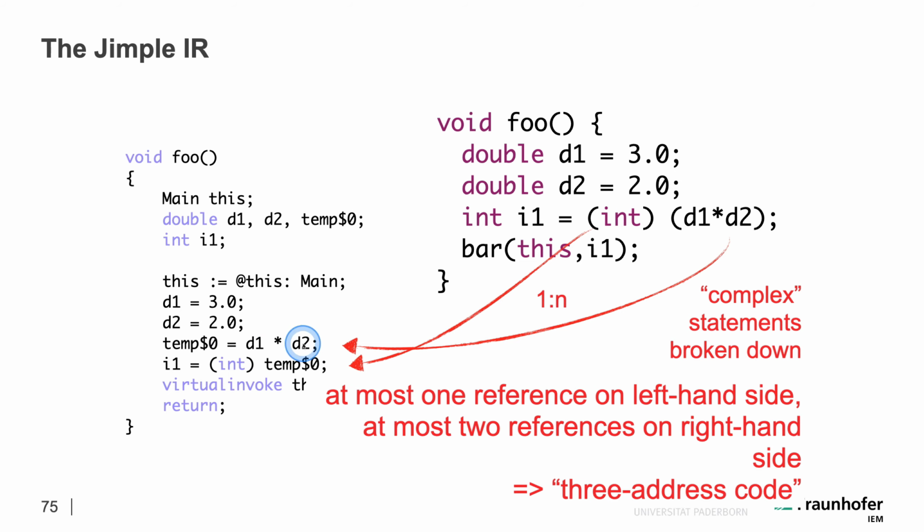So you have 3 addresses that are being referenced, this one, and this one. There are exceptions, like this statement here, that's only operating on 2 addresses. A procedure call can also operate on more addresses, depending on how many parameters you have. But still, you would call this a 3-address code.